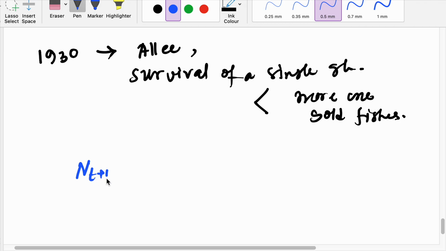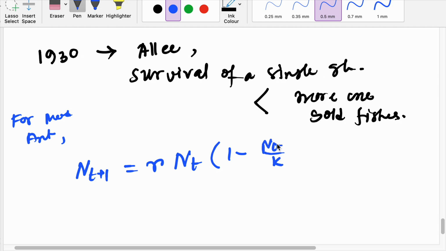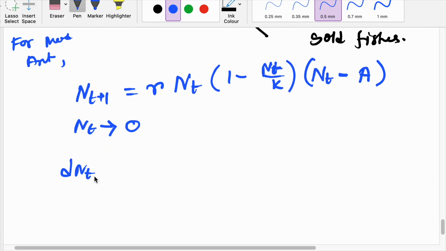For modeling an ant colony or this goldfish population, we need a population growth model like N(t+1) = r N(t) (N(t)/K - 1)(1 - N(t)/K), with some A. So if I see here where N(t) is close to 0, the growth will be N(t+1), approximately r N(t) minus some term.